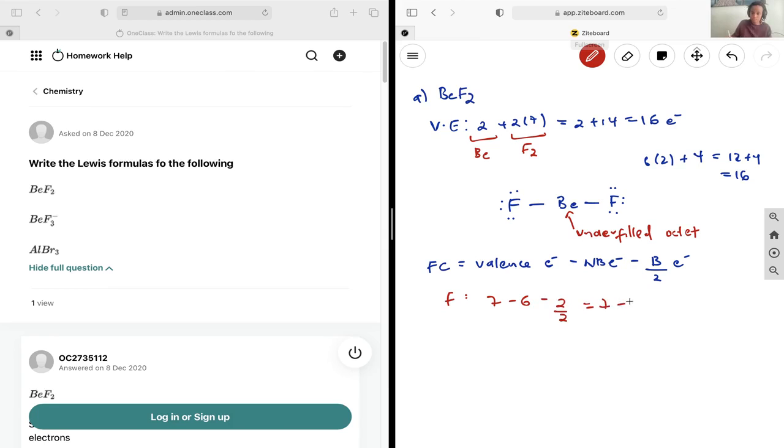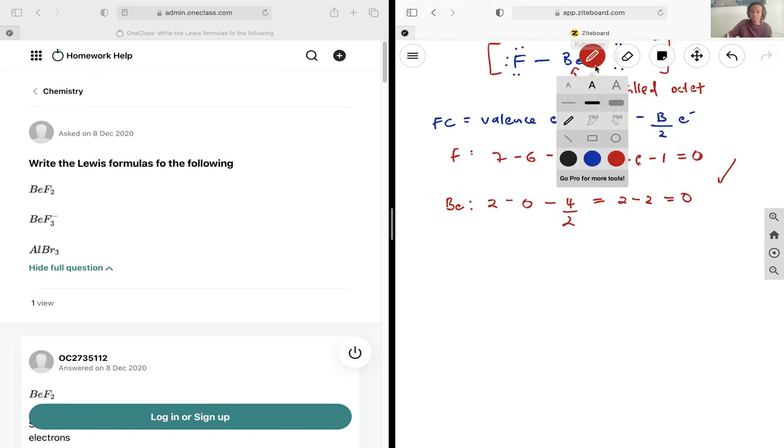And that is going to give us 7 minus 6 minus 1, which is going to give us a formal charge of 0. On the beryllium, we're going to have 2 minus 0 non-bonding electrons, minus 2, 4, so 4 over 2 bonding electrons, and that's just going to give us 2 minus 2, and that is also 0. So the formal charges check out, valence electrons check out, which means that this is going to be our final structure.